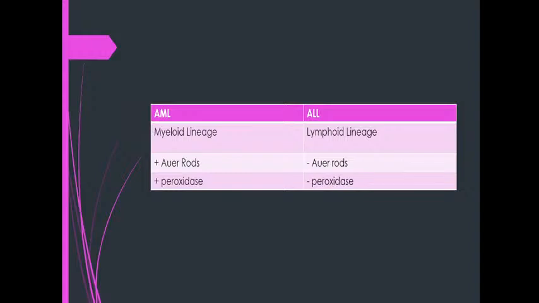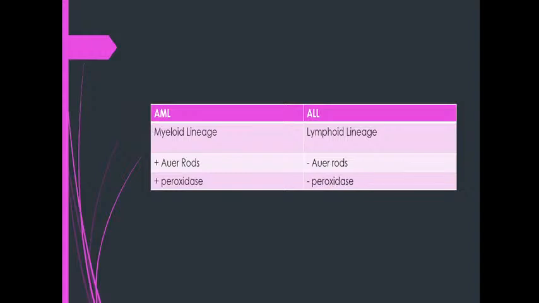Auer rods are present in patients who have AML, whilst Auer rods are negative or not present in patients who have ALL. Peroxidase is positive for patients who have AML, and for patients who have ALL, it's negative.